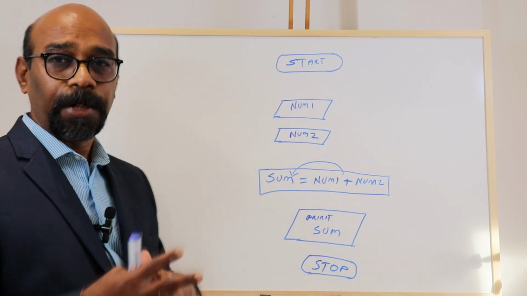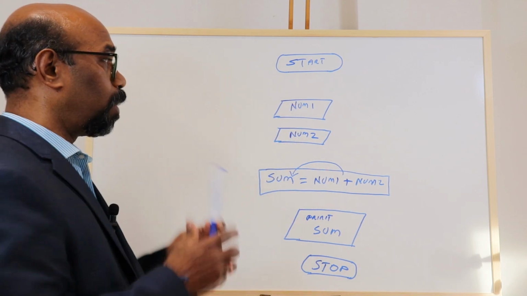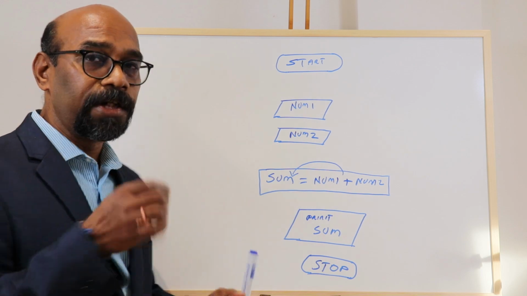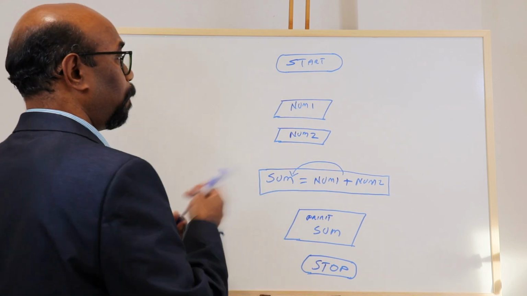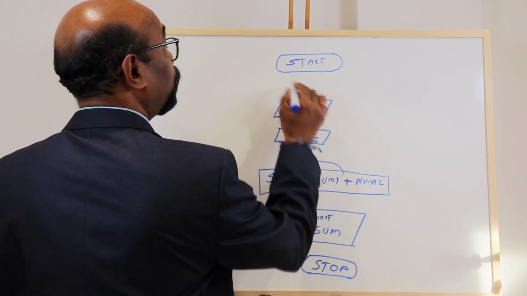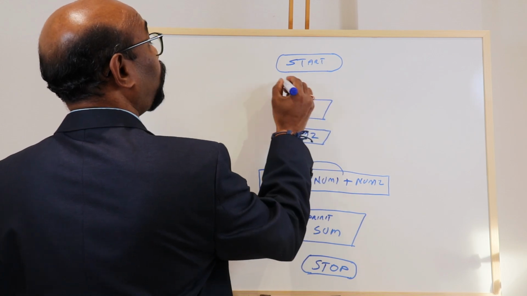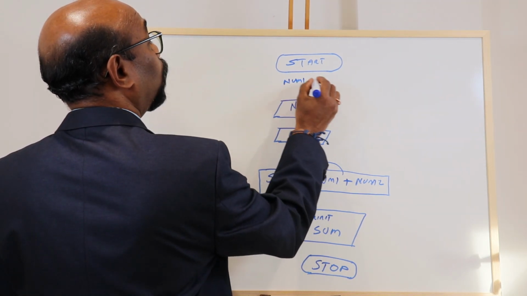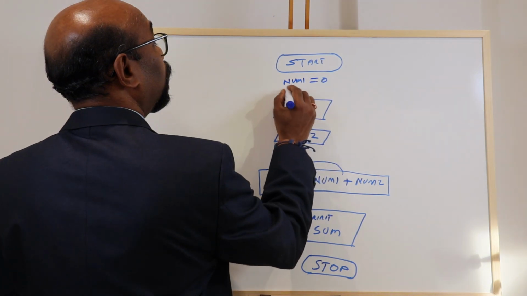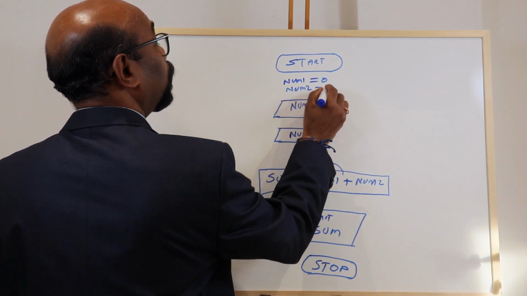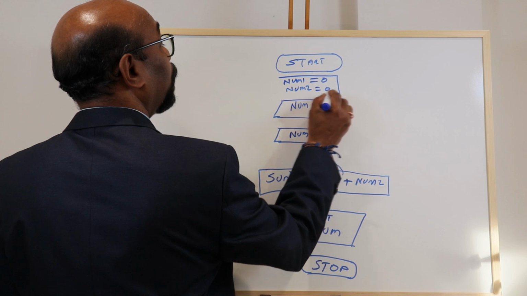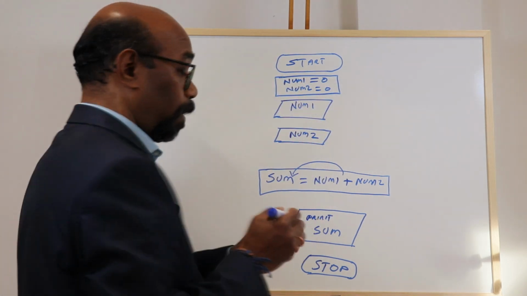What is number 1? You don't know. So therefore, you need to assign or initiate the value with 0. So number 1 equal to 0, number 2 equal to 0. This is the initial value. Okay?